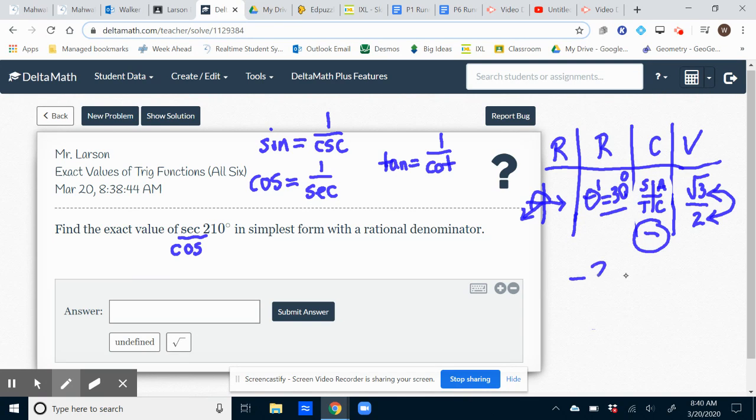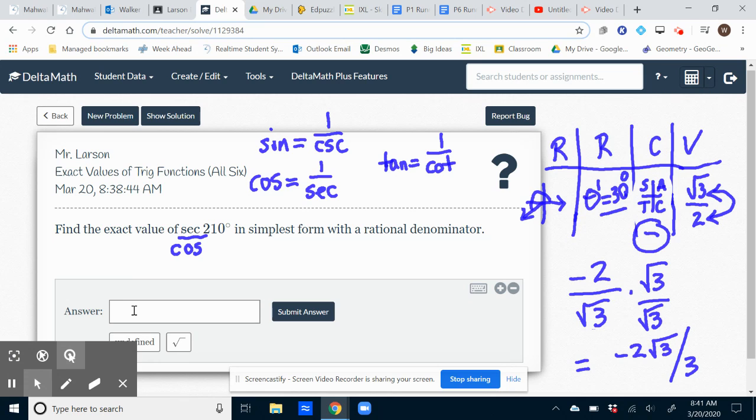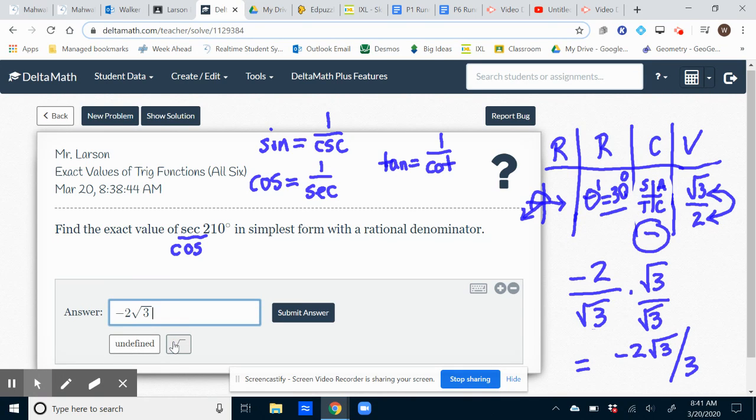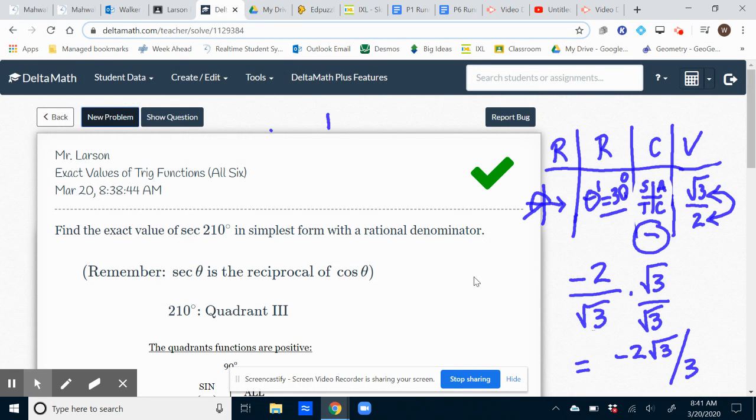So really it's negative 2 over root 3, which you guys know you have to rationalize times root 3 over itself, and you should get negative 2 root 3 divided by 3. Negative 2 radical 3, hit to the right, divide by 3, and we got it.